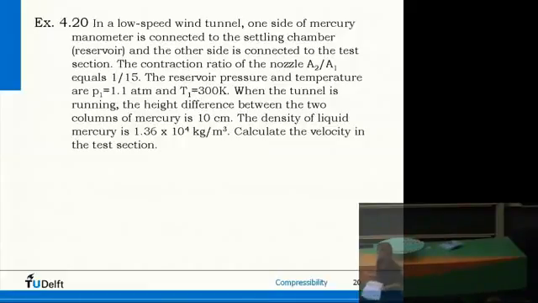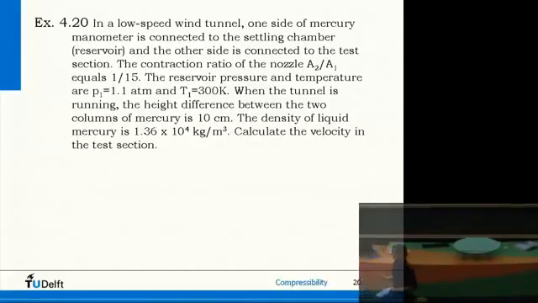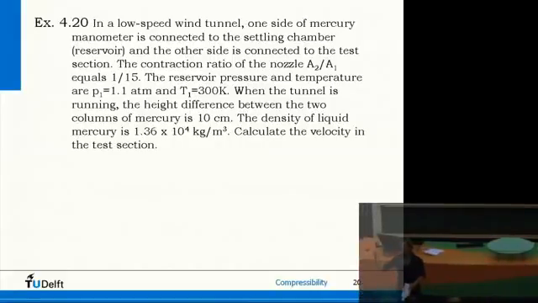That's typically not how subsonic wind tunnels work. Usually we have a fan and we pump air around through a converging, diverging nozzle, which is much less strongly contracting. And we don't typically have a large reservoir. It's really flowing through. So this picture I showed you before is really how it works.